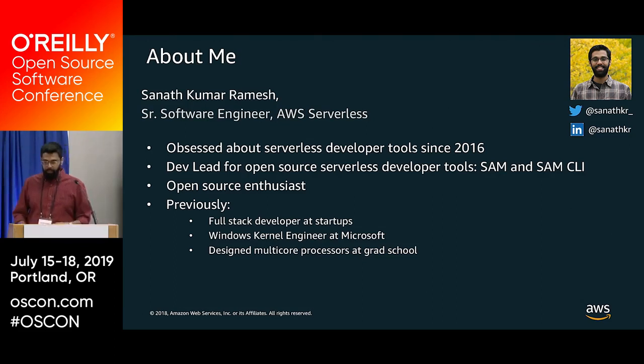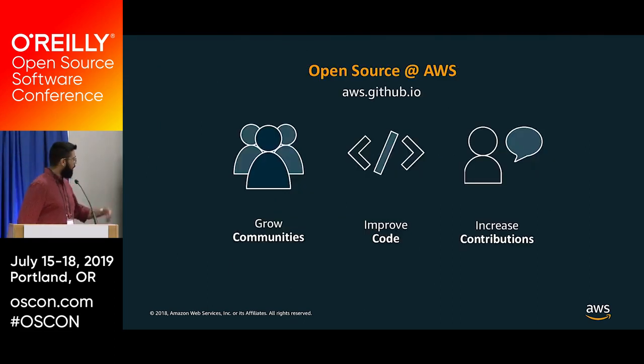Today, in the next 25 minutes, we're going to talk about a story of how we created open source communities around serverless developer tools. Adrian gave you a quick rundown on how we think about open source at AWS. We are obviously working with the community, helping grow the community by contributing a lot of code.